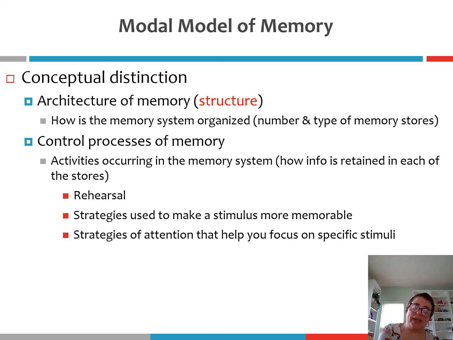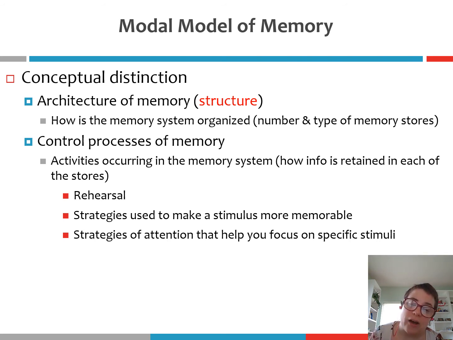So just to recap, in Atkinson and Shiffrin's modal model, they talk about two different features. The first feature is what we call structural features, and that's just the architecture of memory, or how the memory system is organized, right? So we would say in this case that the structural features are just the different memory stores: the sensory memory store, the short-term memory store, and the long-term memory store.